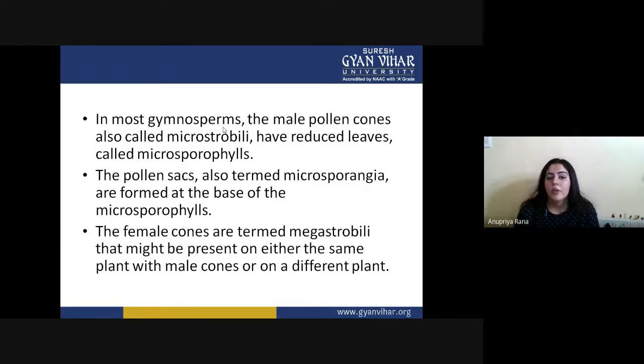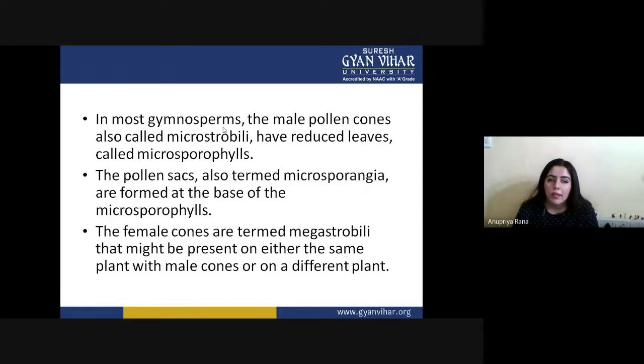The pollen grains, or you can say the male gametophyte, are going to be present under these microsporangia. Now, the female gametophytes are termed megastrobili and might be present either on the same plant as the male cone or on a different plant. So these megastrobili can be present on the same plant but on another branch, or on a different plant.